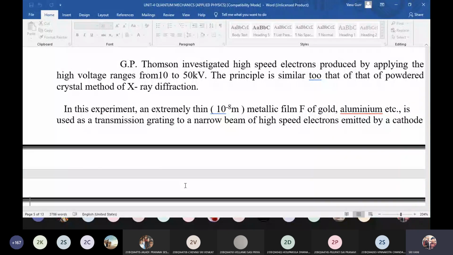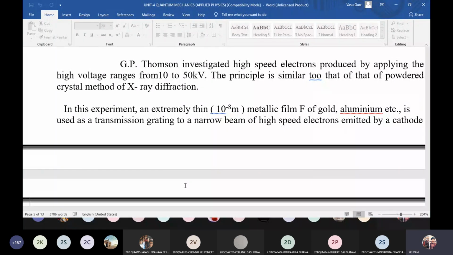Let us see how high: 50,000 volts for GP Thompson, and 54 volts for Davisson-Germer. See how much change in the potential. In the previous experiment, Davisson-Germer, the exact potential applied was 54 volts only. But later, GP Thompson wanted to test the same experiment by applying a very high potential range, that is 10 kilovolts to 50 kilovolts. Here K means 1000. 50 kV means 50,000 volts.